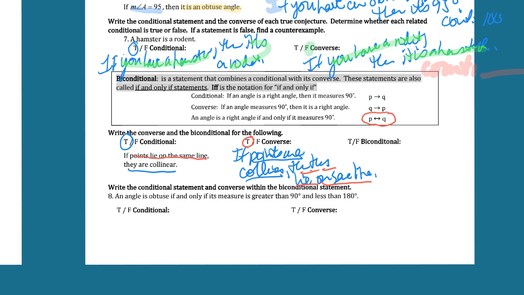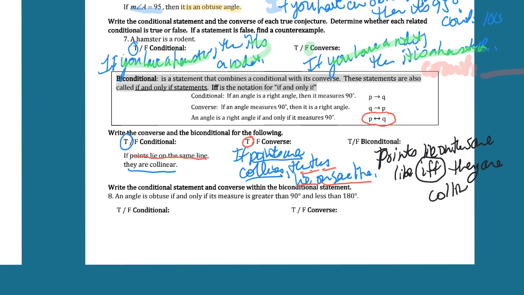So you go back to the original and you say points lie on the same line, if and only if, they are collinear. So points lie on the same line if and only if they are collinear.